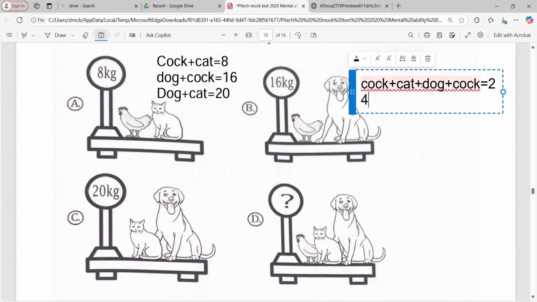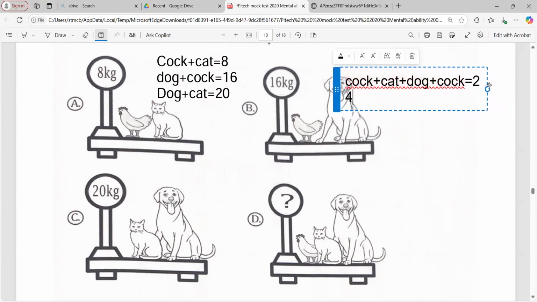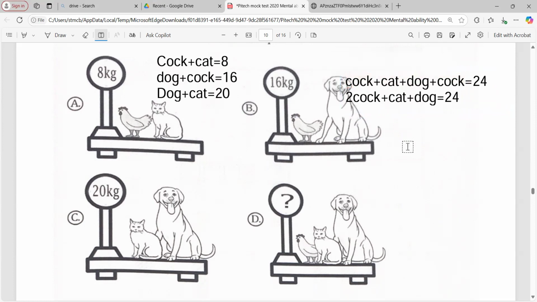So I could form some equations and shut it up, as the Jamaicans would say. Let's look at this equation now. I want it in one line. We have cock and cock, so we say 2 cock plus the cat plus the dog is equal to 24. But look what we have over here. We know that the dog plus the cat is equal to 20.